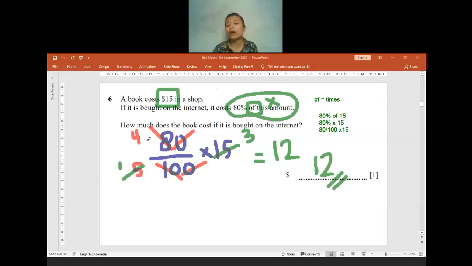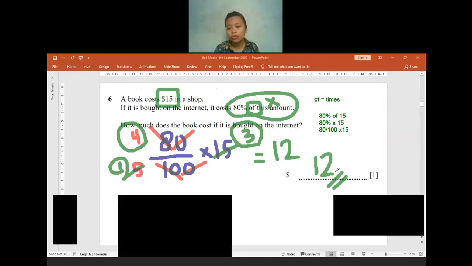Now we only count the leftover numbers: 4, 3, and 1. 4 times 3 is 12. 12 divided by 1 will be 12. That's why the answer will be 12. Is there anyone having any question, or is it still not understandable for you?